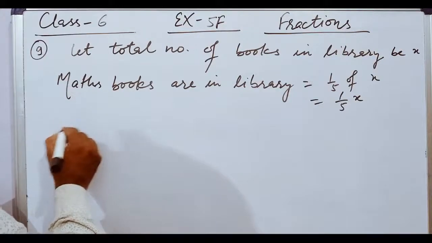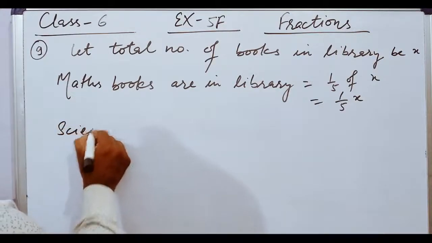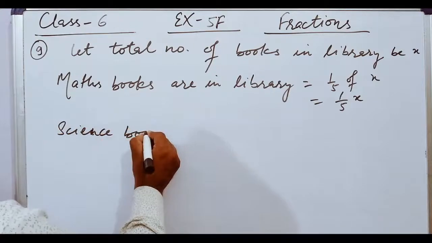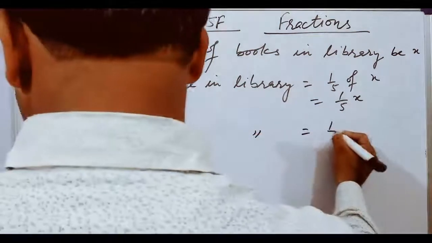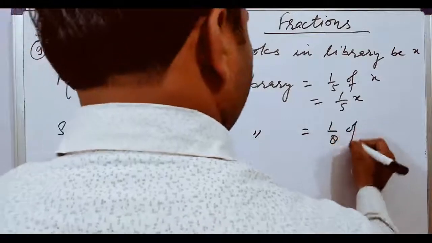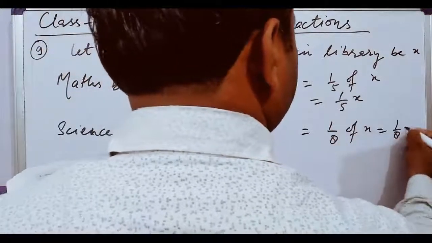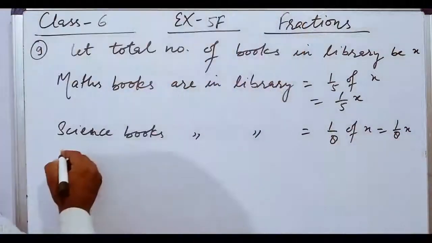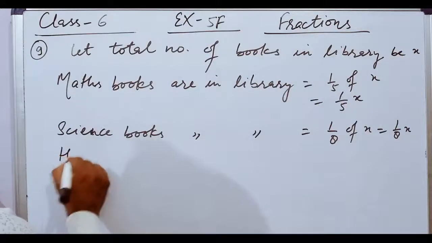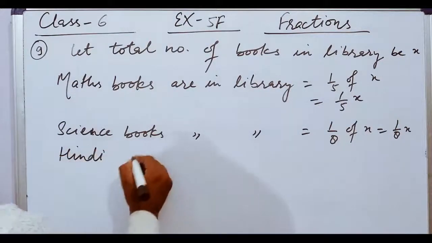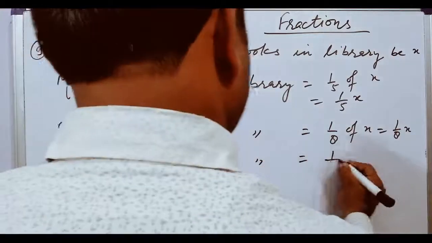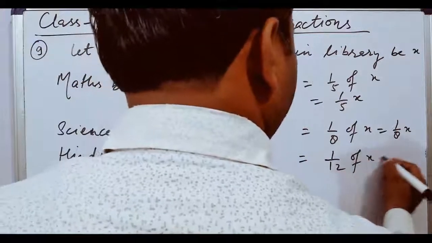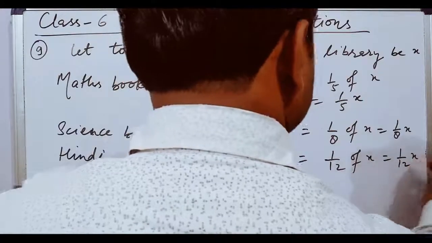Then science books in library equal to 1/8 of X equal to 1/8X. Then Hindi books in library equal to 1/12 of X, means 1/12X.